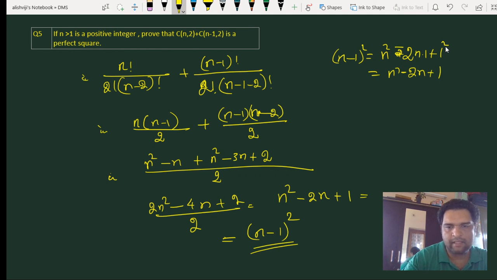Anyhow, n is an integer greater than 1 and positive, so n minus 1 is also an integer and its square is also an integer, and the value of nC2 plus (n minus 1)C2 is a perfect square. The square root is n minus 1 and it is positive. Since n is greater than 1, n minus 1 is greater than or equal to 1. So it is a perfect square.